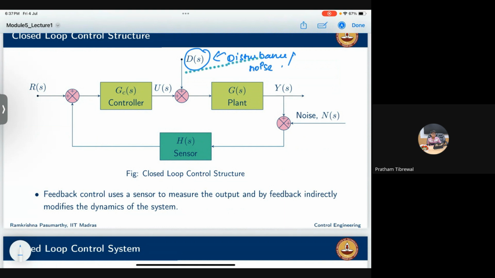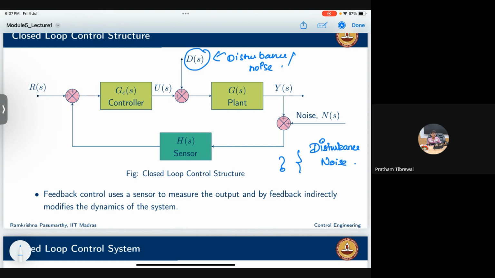Right. I have already told this. If anyone could remember, can you tell me what is the difference between disturbance and noise? Is there any difference between these two, or are both interchangeably usable? Noise, what we are getting at the output, and disturbance, what we are giving at the input. Okay, vaguely correct, but it should be refined.